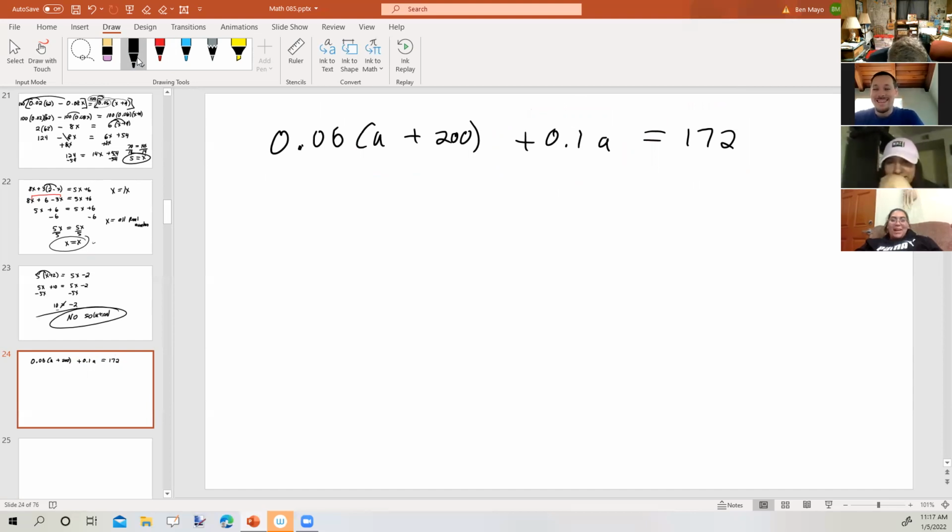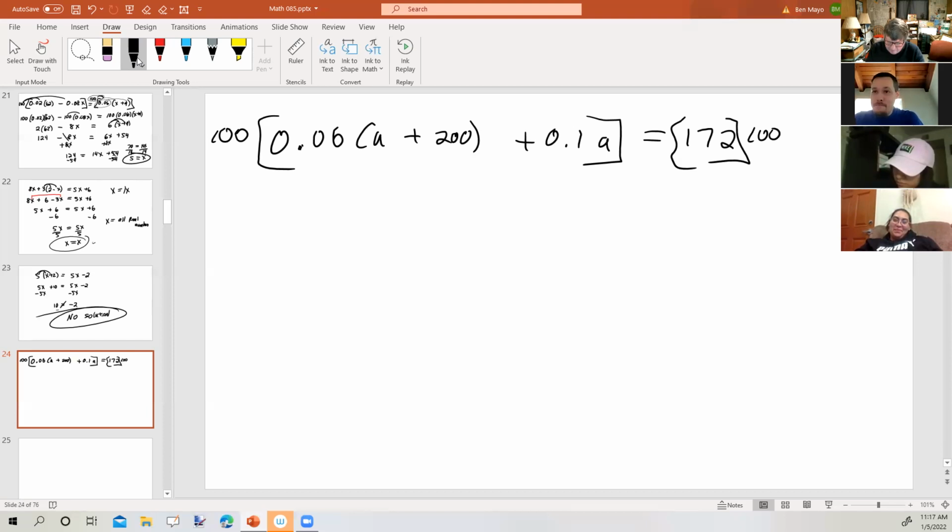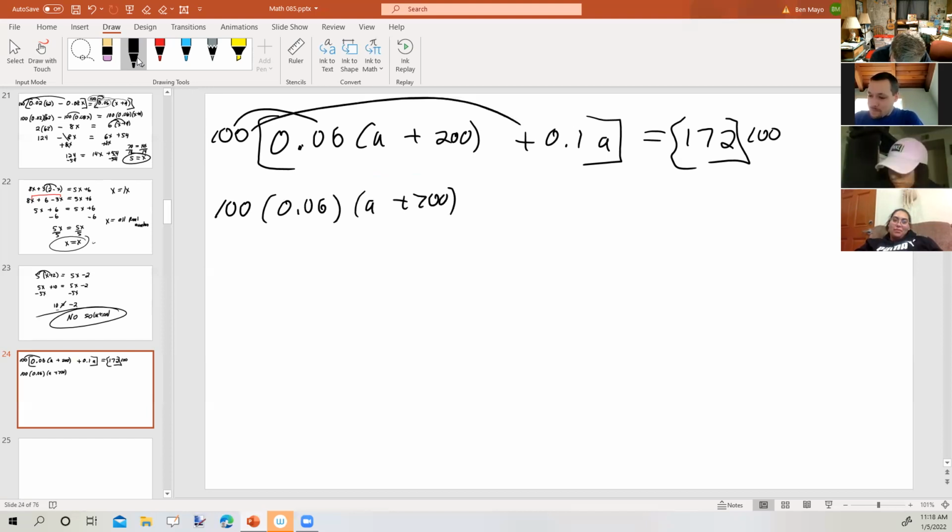Okay. So we're going to multiply both sides by 100. So here I get 100 times 0.06 times a plus 200. Here I get 100 times 0.1a, and over here 172 times 100.